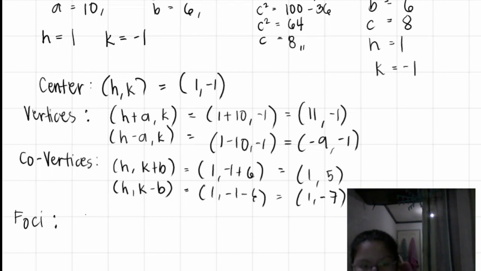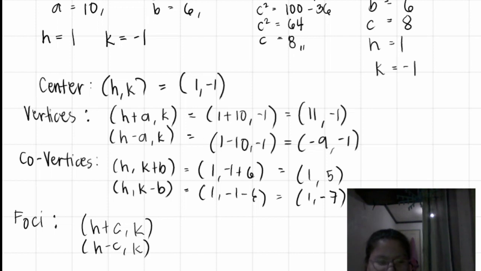So, yung una is h plus c, and then the k, and then next one is h minus c, and then k. Ayan. So, ayan si foci. So, kunin natin si foci. So, h plus c, so 1 plus c, 1 plus, ang c natin is 8. So, 1 plus 8, and then si k natin is negative 1.